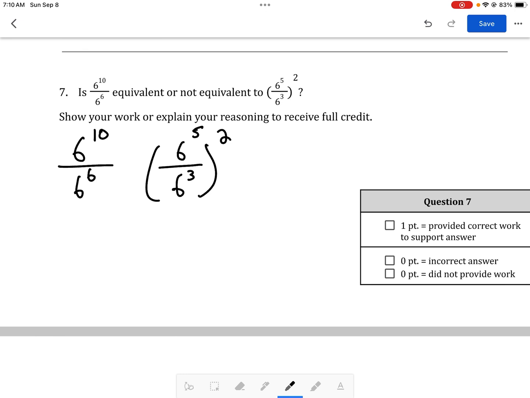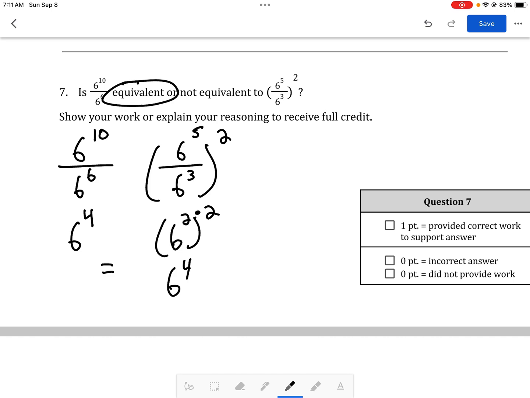When I divide like bases, I subtract the exponents, so that becomes 6 to the 4th. I want to do what's inside my parentheses for the second one first. 6 to the 5th over 6 to the 3rd becomes 6 squared to the second power. When I take a power to a power, I multiply. So now this becomes 6 to the 4th. And these two are indeed equal. So yes, these are equivalent.